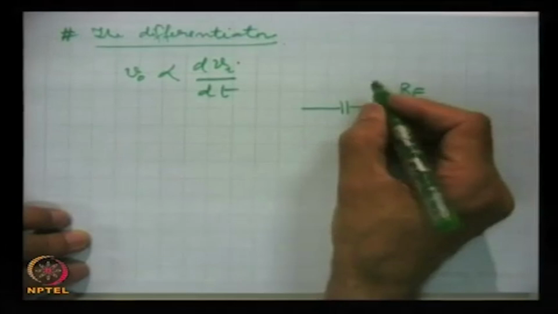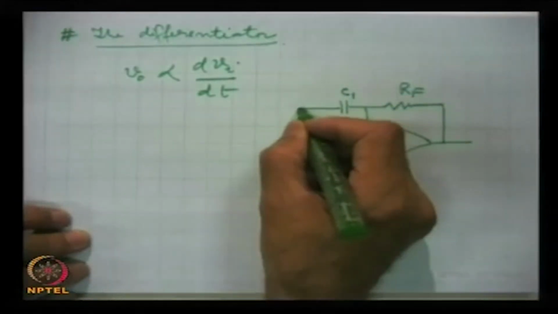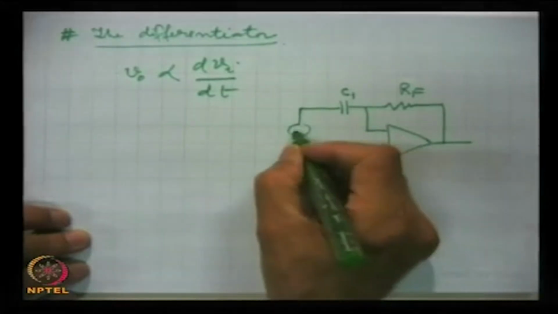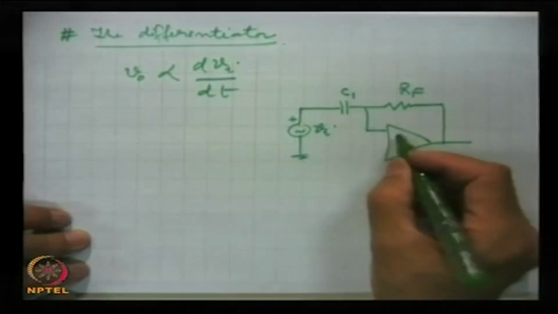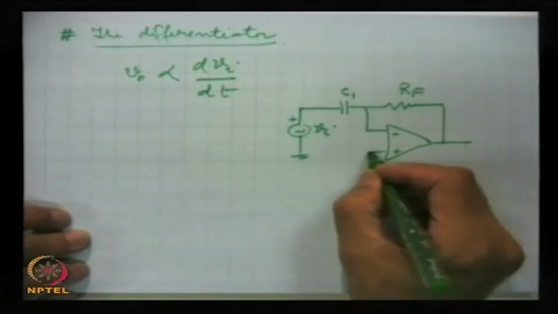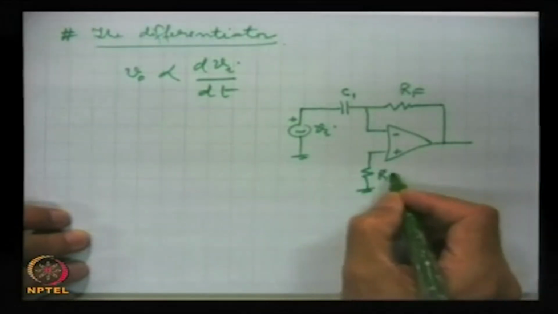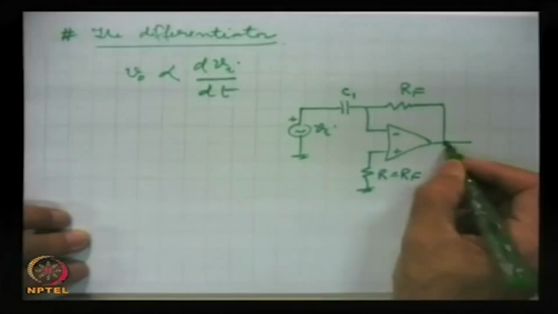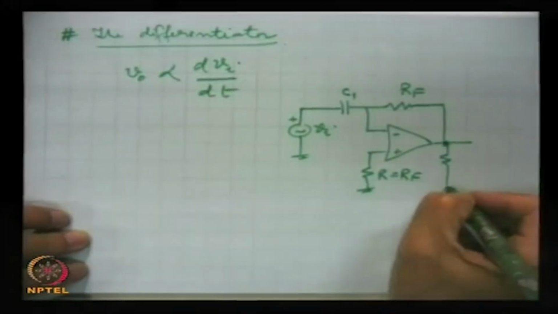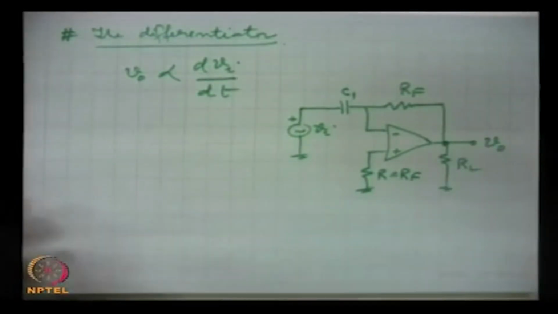This is Rf, this is C1, and here this is Vi. The resistance equal to roughly Rf, and here is the load resistor across which we take the output.